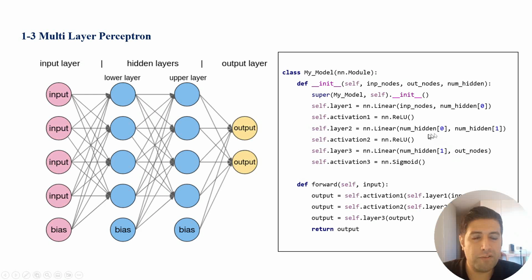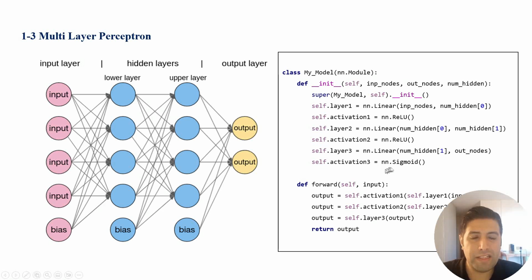Then you will have another ReLU, which will make a nonlinear transformation on your data, and then you will have another linear function which maps your second hidden layer into output nodes.